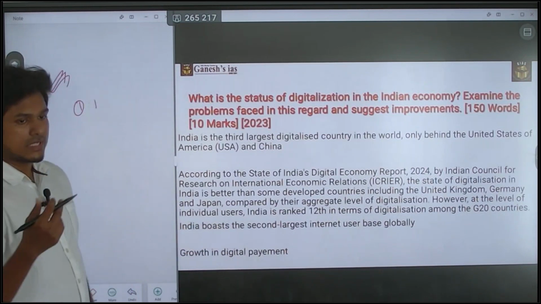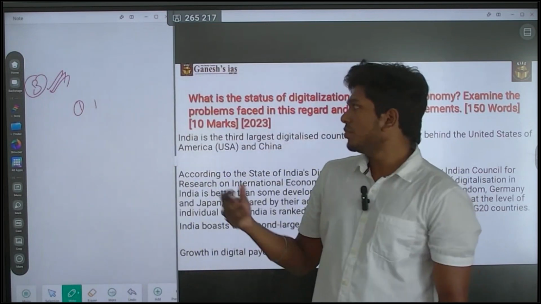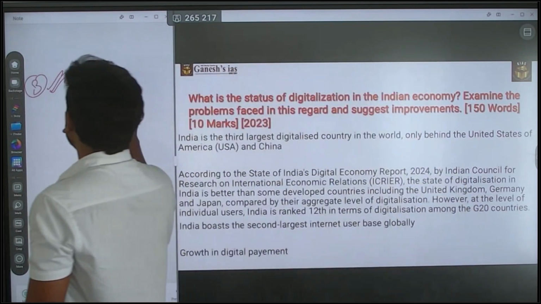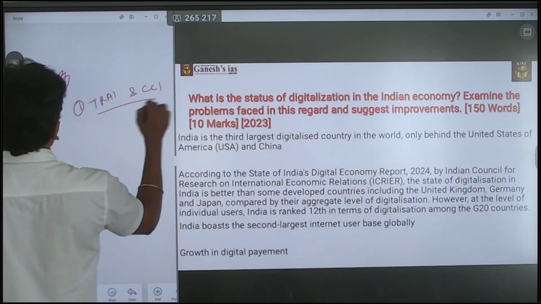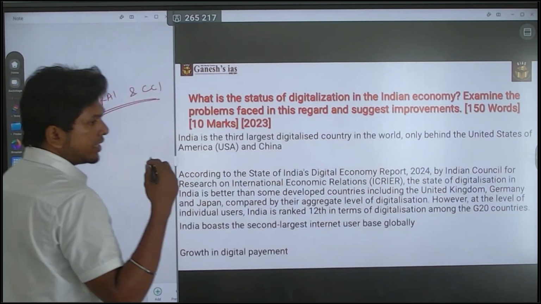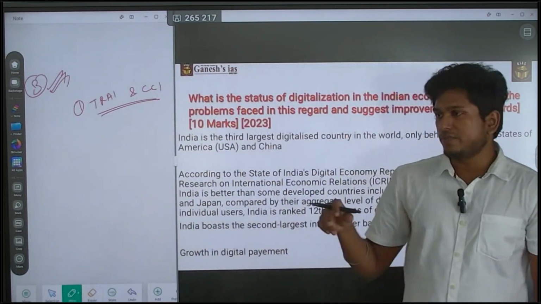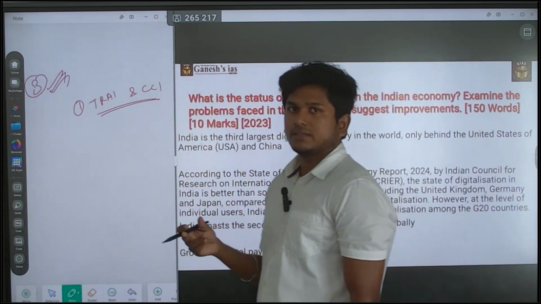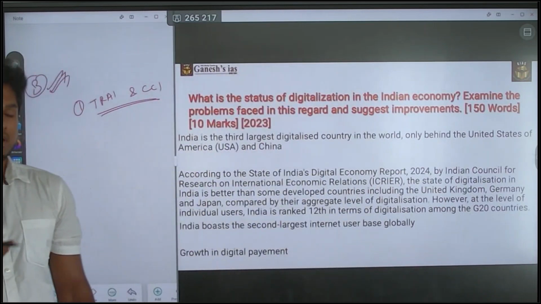What suggestion I give depends on the person, it will vary. So my suggestion is increasing the active participation of TRAI and the Competition Commission of India. If they have active participation in this telecom network, that will reduce the monopoly activity, which will reduce the data price hike.